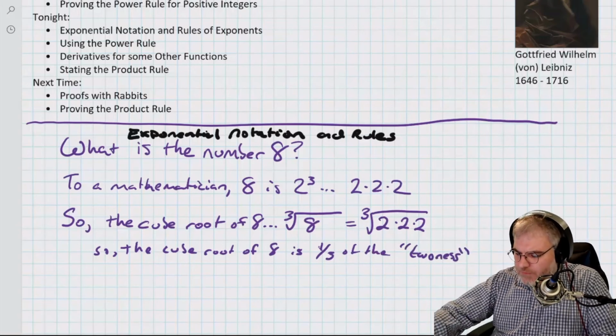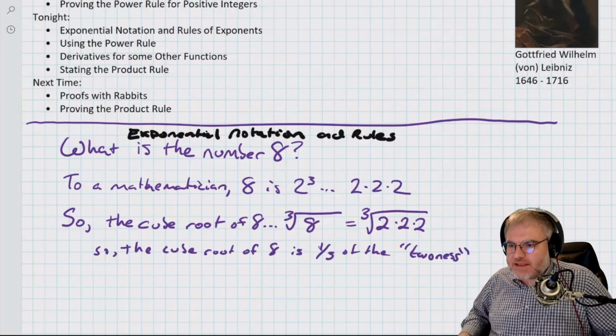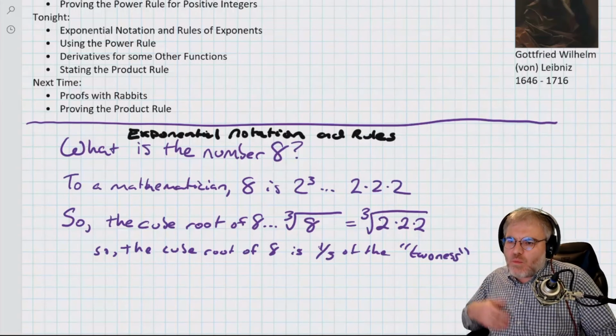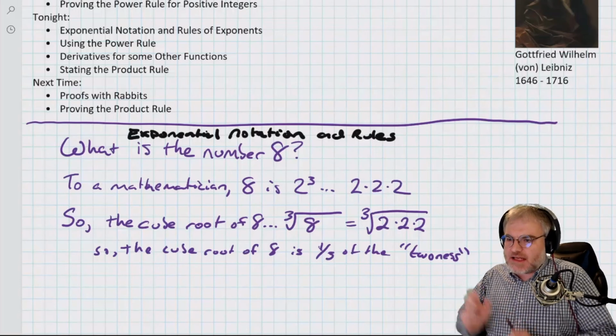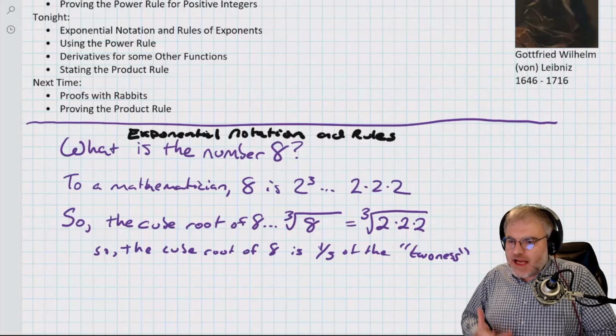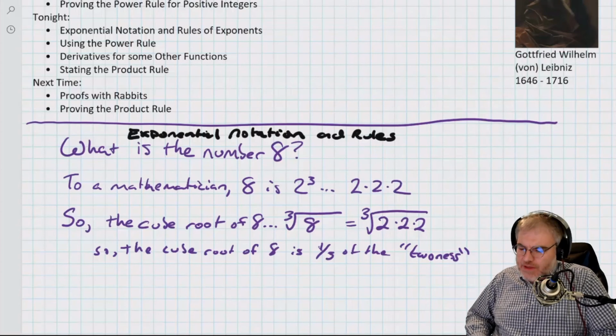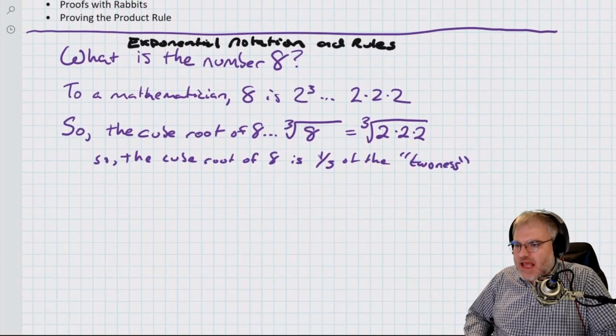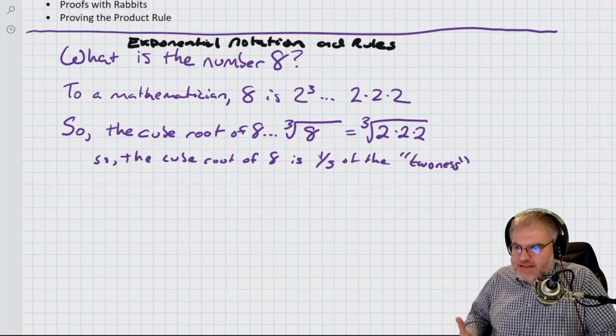That's what we think of when we think of the cube root of 8. 8 is 2 times 2 times 2. And now I want 1/3 of the 2-ness of 8. How do we feel about that, 1 to 5? This idea that numbers have prime factorizations, and what I want is 1/3 of that.